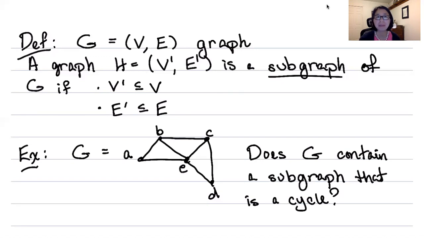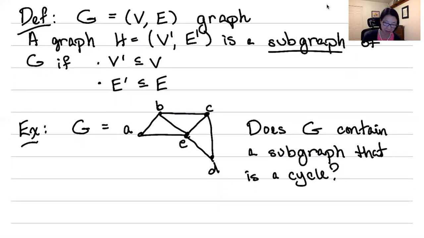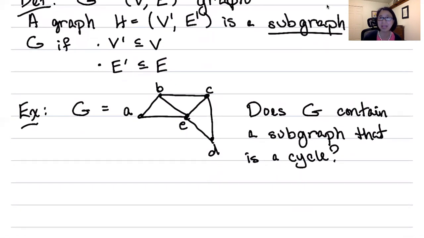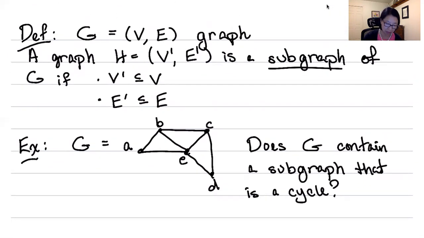A cycle starts at one vertex and then goes via edges from vertex to vertex until it returns to the vertex it started with, and it can't use any edge more than once. And it can't reuse any vertices until it comes back to the first vertex.